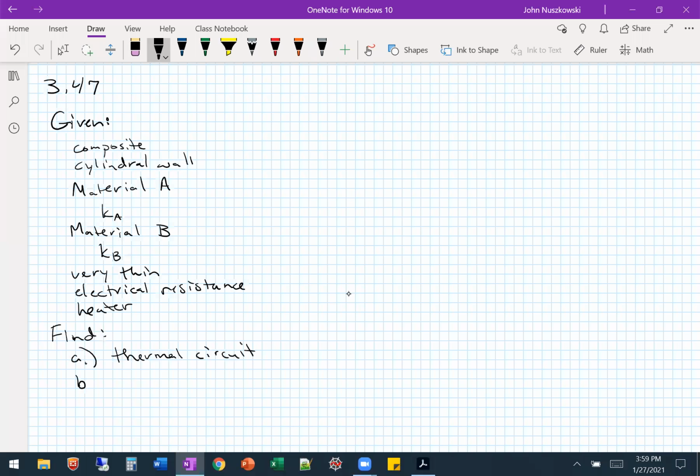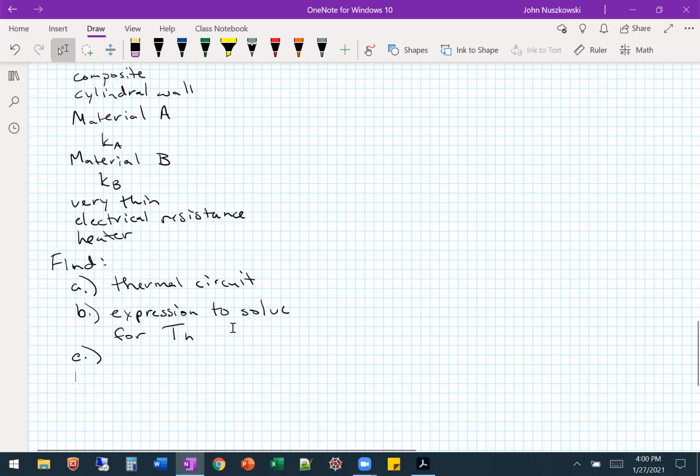Part B is an expression to solve for the heater temperature, which is TH. And then part C is the ratio of heat flows to the outer and inner fluids.